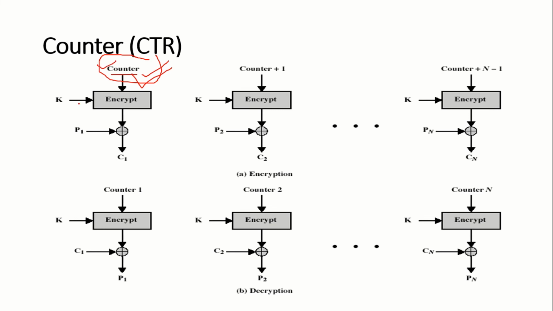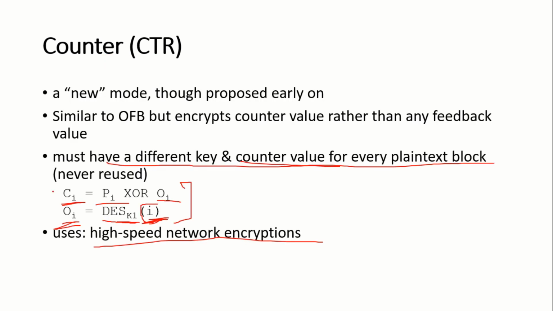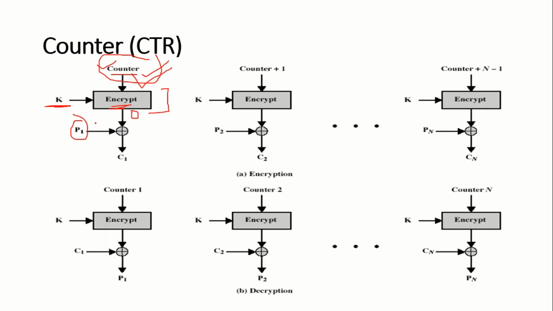So this counter we have, along with this key, we perform the encrypt operation. Then the result of this encrypt operation, which we have represented as O in the previous slide, and the plain text block, they will be XORed, the output and the plain text block. So as a result, we get the cipher text block, the first cipher text block.